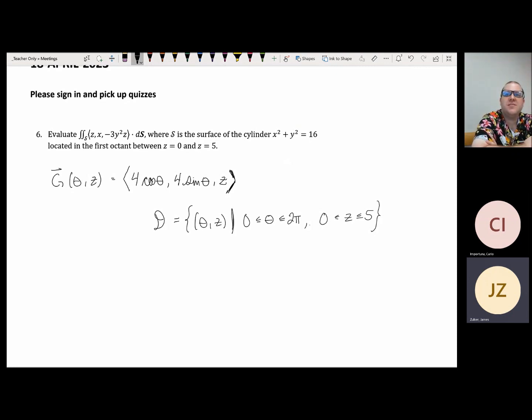The first option, so what does that mean? If we were dealing with the whole cylinder, theta would be 0 to 2 pi. And we're specifically in the first octant, which means x and y have to be positive. So in the first quadrant, theta goes 0 to pi over 2. And then z does extend 0 to 5.